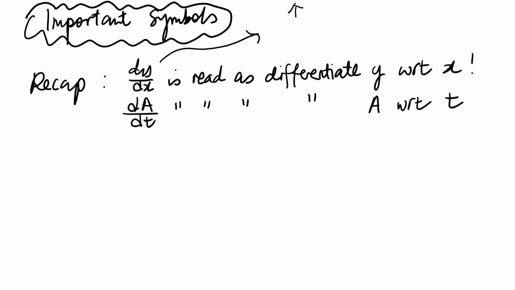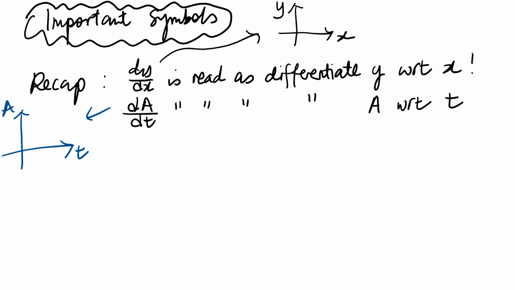If you were to draw the diagram, on the y-axis you label it as y and on the x-axis you label it as x. When you differentiate y with respect to x, you get dy dx. If you label the y-axis as A and the x-axis as t, then dA over dt would be you differentiate A with respect to t.